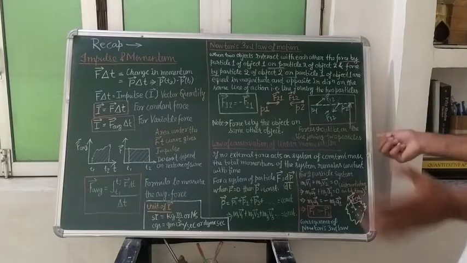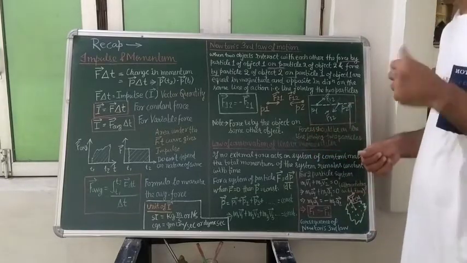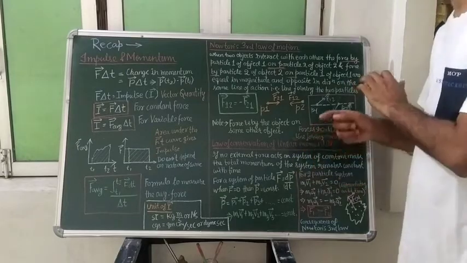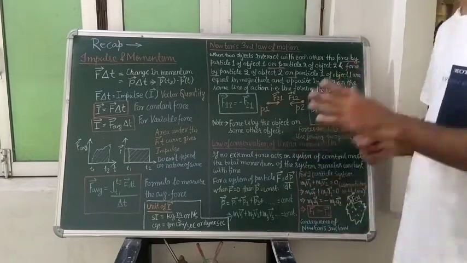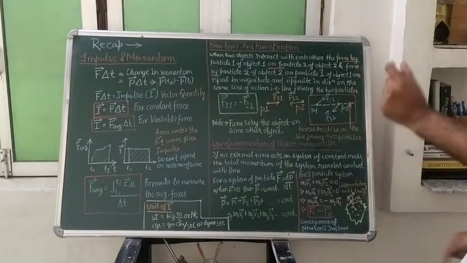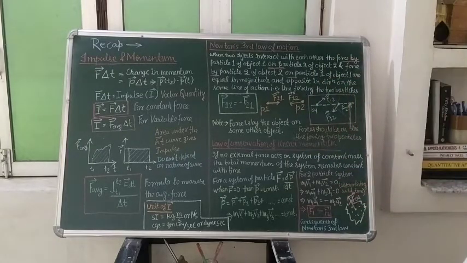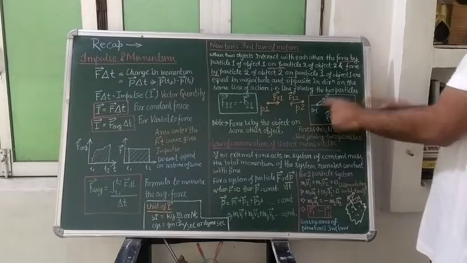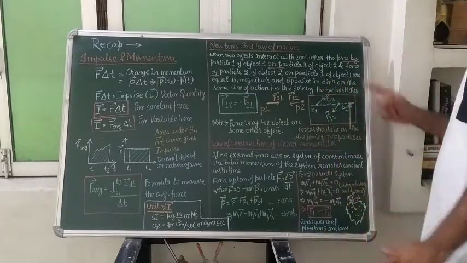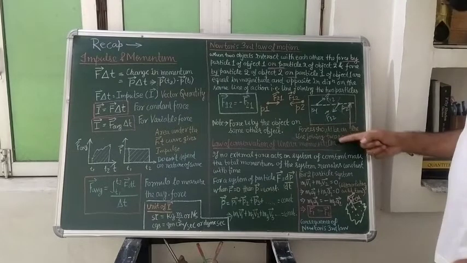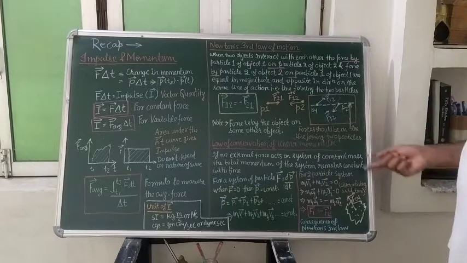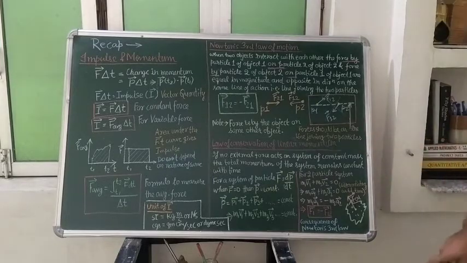Negative means left becomes right, up becomes down, clockwise becomes anti-clockwise. The negative sign represents direction in physics, and in mathematics as well. And listen, students, if you draw these forces in this way, it becomes wrong because they are not acting on the same line of action. The forces should act on the same line of action.